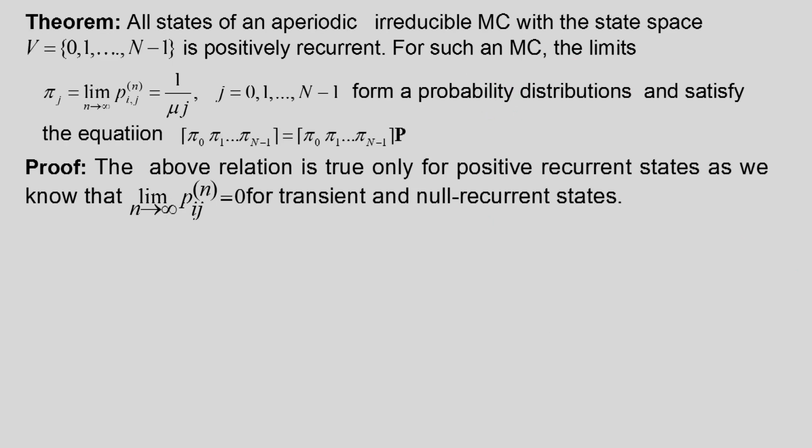Now, we will state one powerful theorem. All states of an aperiodic irreducible Markov chain with finite state space, say the state space is 0, 1 up to n minus 1, an n dimensional finite state space, are positively recurrent.